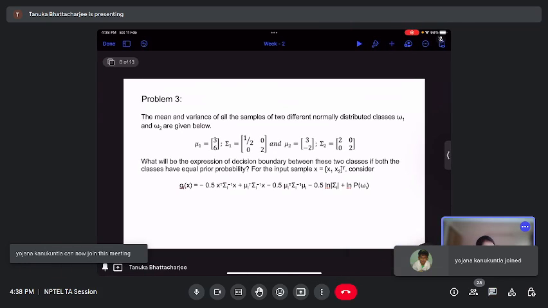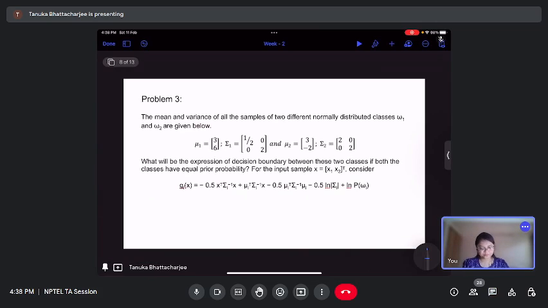Okay, so let us continue with this problem. I will not compute the entire thing because this is exactly the same as the previous problem. Simply compute g1(x) and g2(x), and if you do that, finally you should verify this anyway.